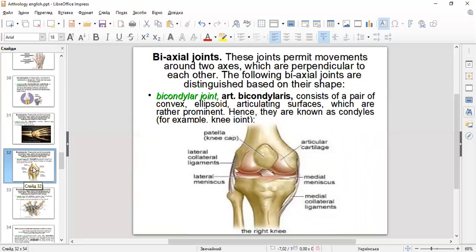Bicondylar joint, articulatio bicondylaris, consists of a pair of convex ellipsoid articulating surfaces which are rather prominent. Hence they are known as condyles, for example, the knee joint.